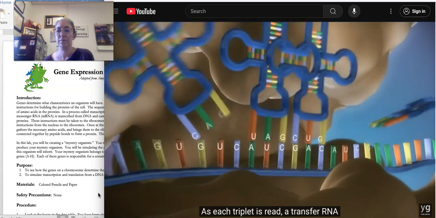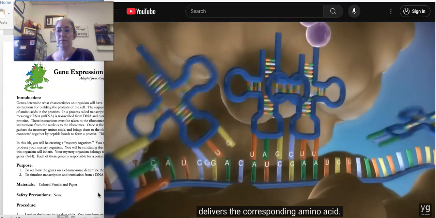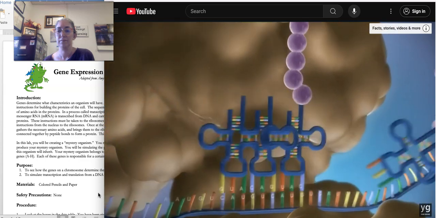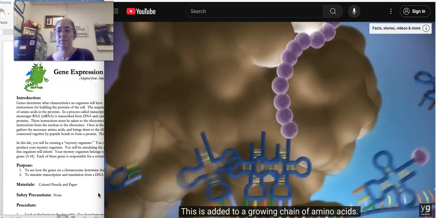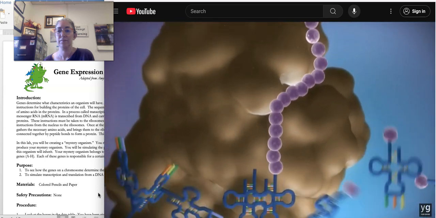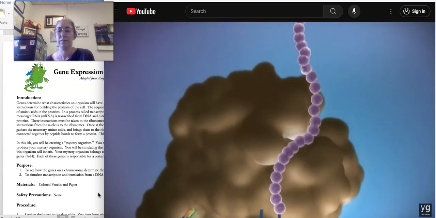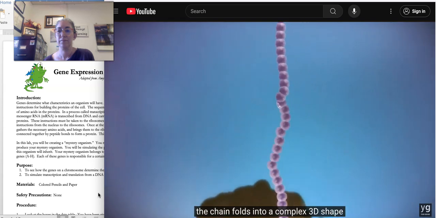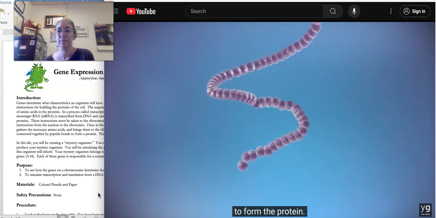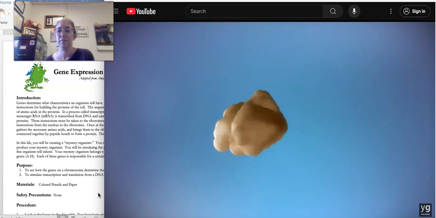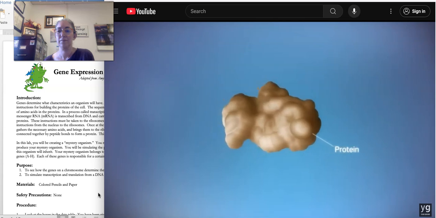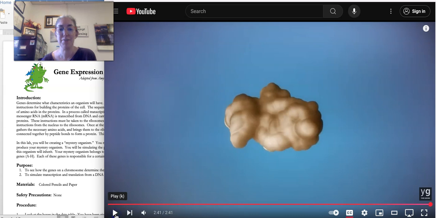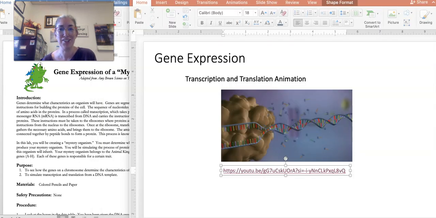As each triplet is read, a transfer RNA delivers the corresponding amino acid. This is added to a growing chain of amino acids. Once the last amino acid has been added, the chain folds into a complex 3D shape to form the protein. The end. So that's the process from start to finish.